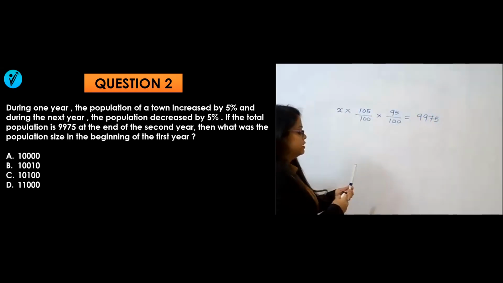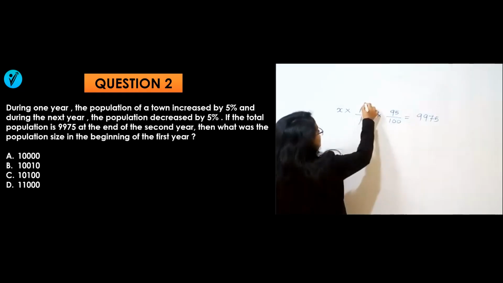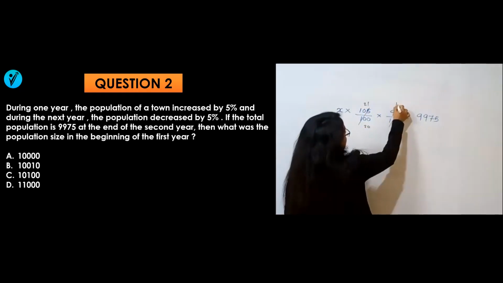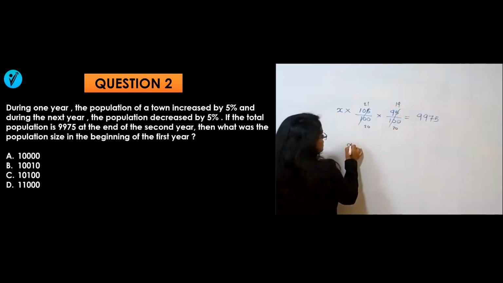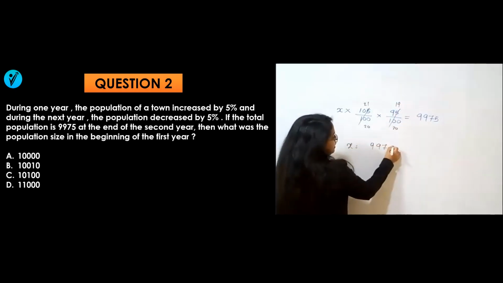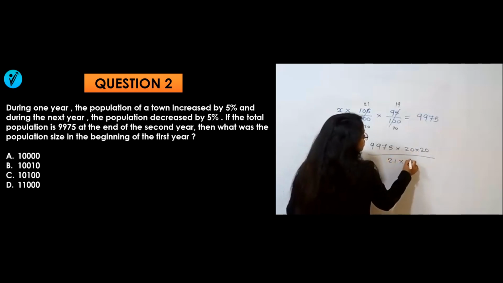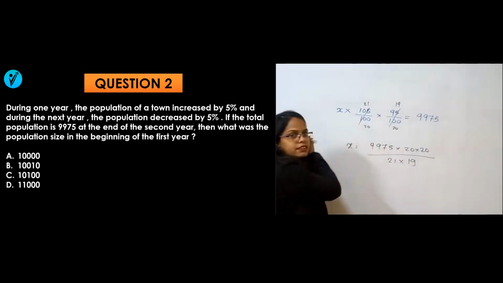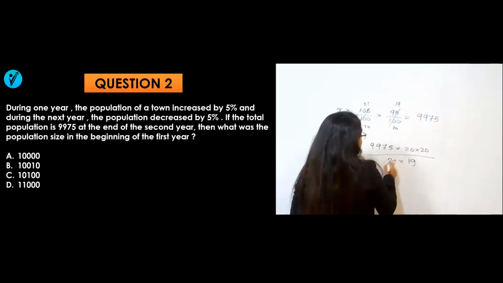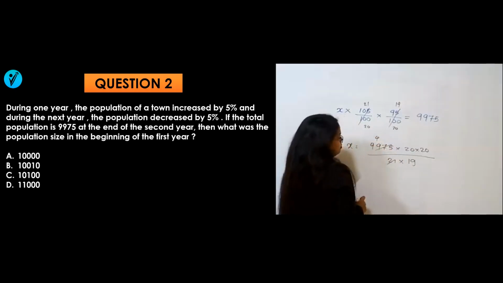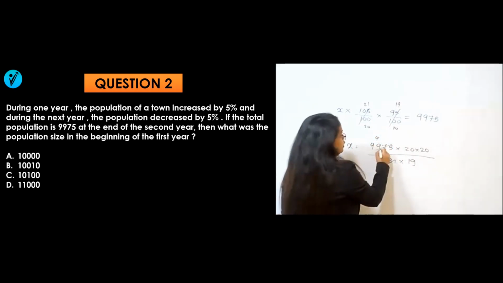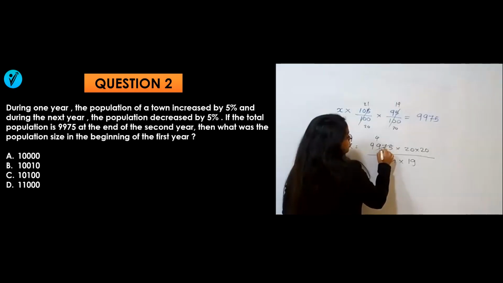That's it. Let's try to solve it. This ratio will be 21 by 20. This ratio will be 19 by 20. So X will be 9975 into 20, whole divided by 21 into 19. If I cancel out by 21, 21 4s are 84, there will be 15, right?